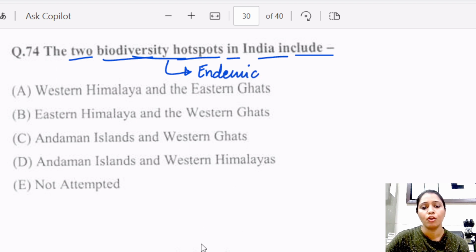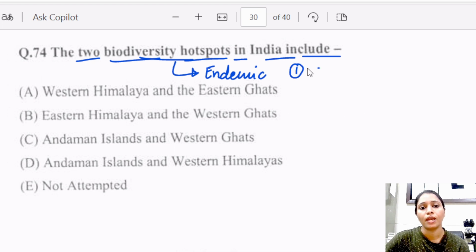And there are some criteria for a biodiversity hotspot: it has at least 1,500 species of vascular plants as endemic, and these species have lost at least 70% of their original habitat.